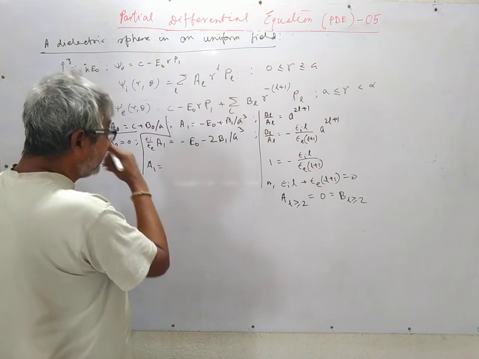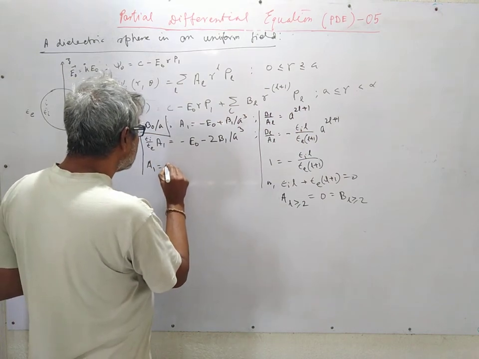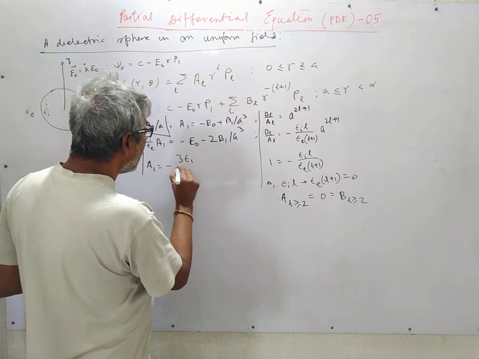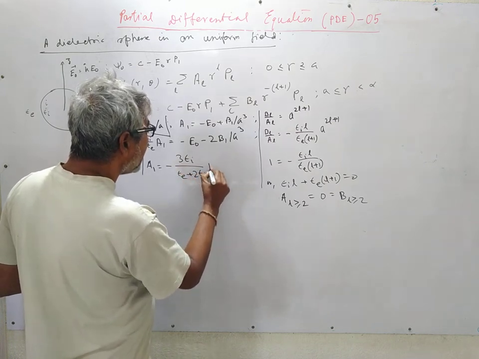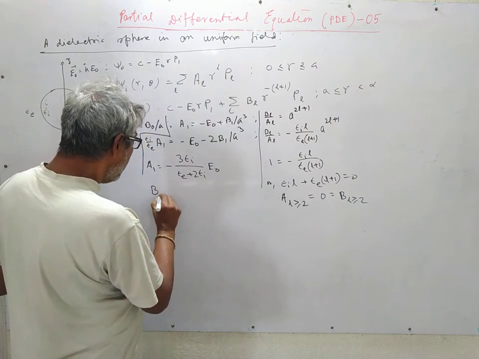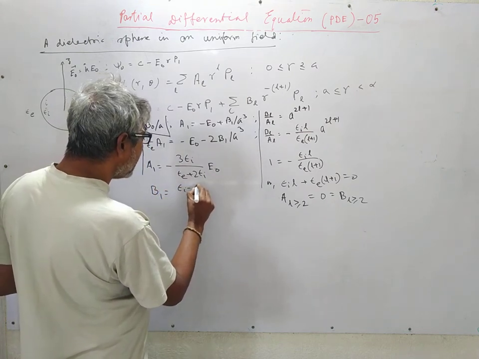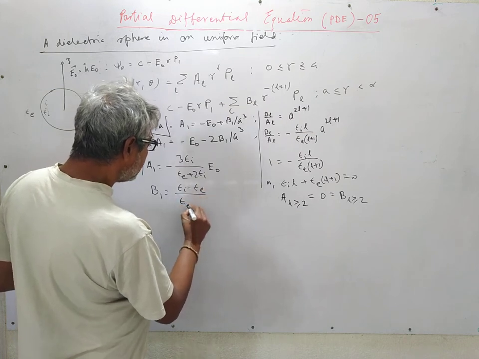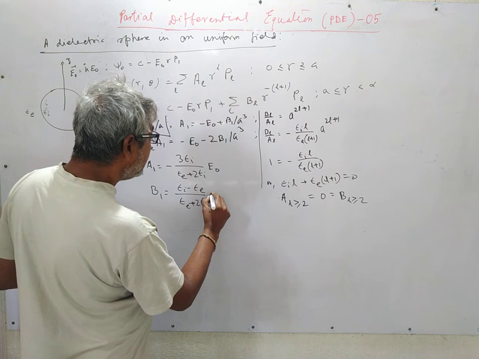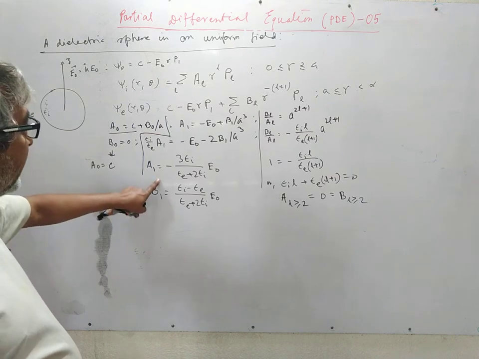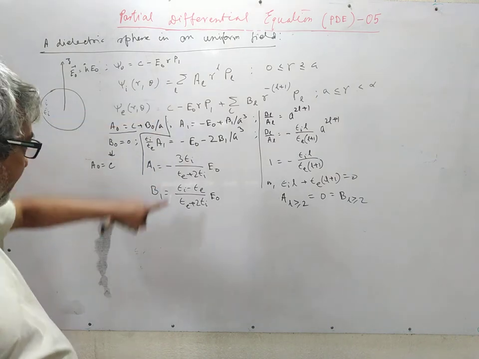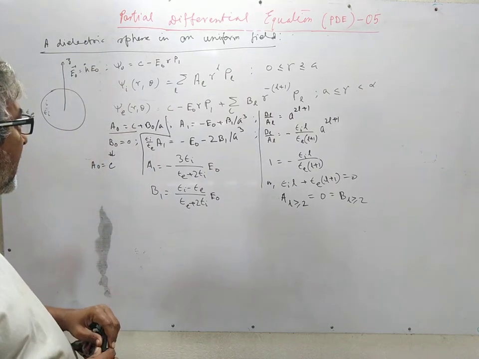A1 and B1 in this term. This is minus 3 epsilon I epsilon E plus twice epsilon I is 0, and B1 is equal to epsilon I minus epsilon E plus twice epsilon I is 0. If we solve these two, now we see that only A0 and A1 are there for the internal region, and for the external region only B1 is there.